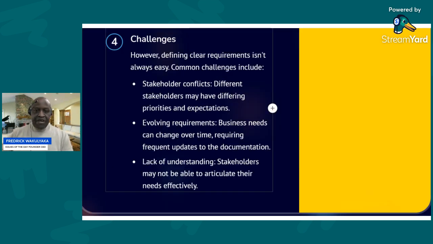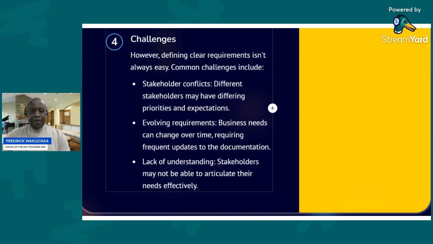Challenges. However, defining clear requirements isn't always easy. Common challenges include stakeholder conflicts. Different stakeholders may have differing priorities and expectations. Evolving requirements. Business needs can change over time, requiring frequent updates to the documentation. Lack of understanding.